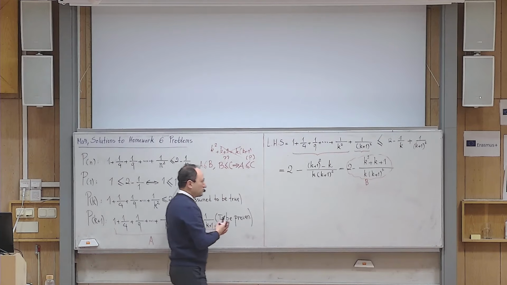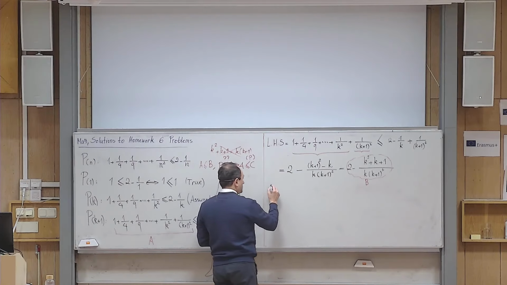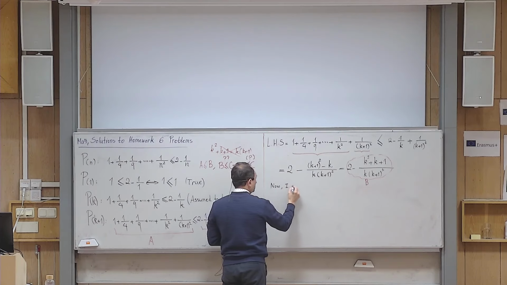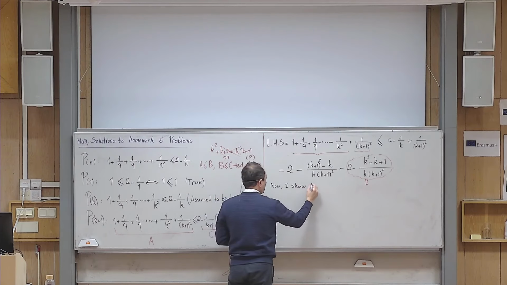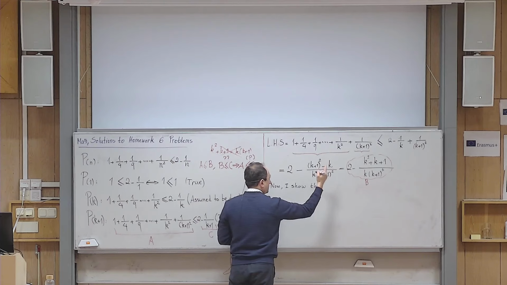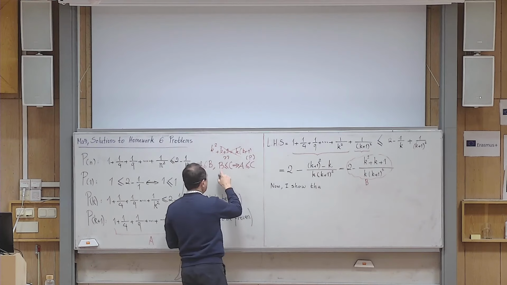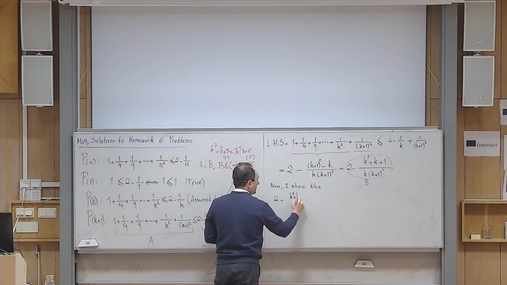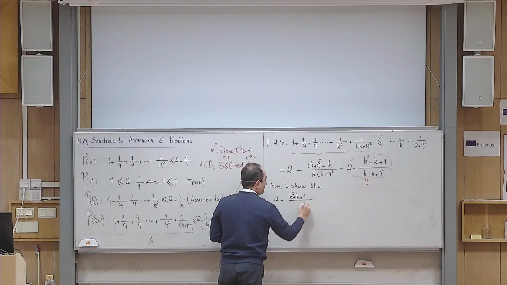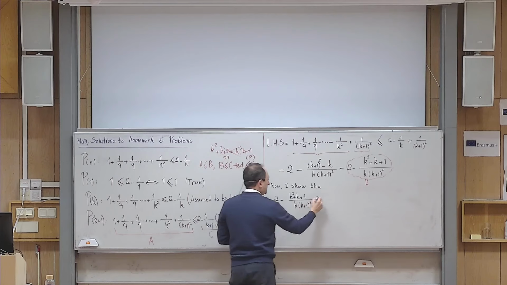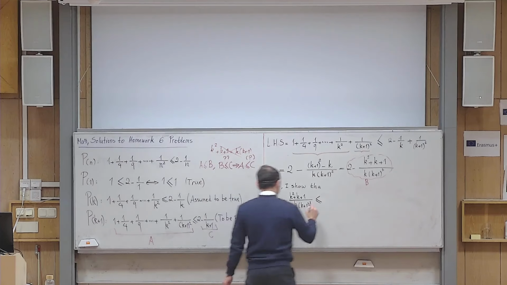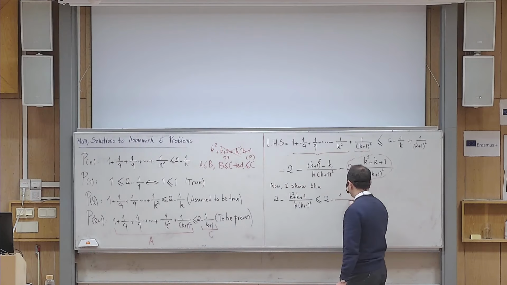So now you need to write a little bit of a line here. So you say that now I show that B, which is 2 minus (k squared plus k plus 1) over (k plus 1) squared, is less than or equal to C, which is this combination, 2 minus 1 over k plus 1.